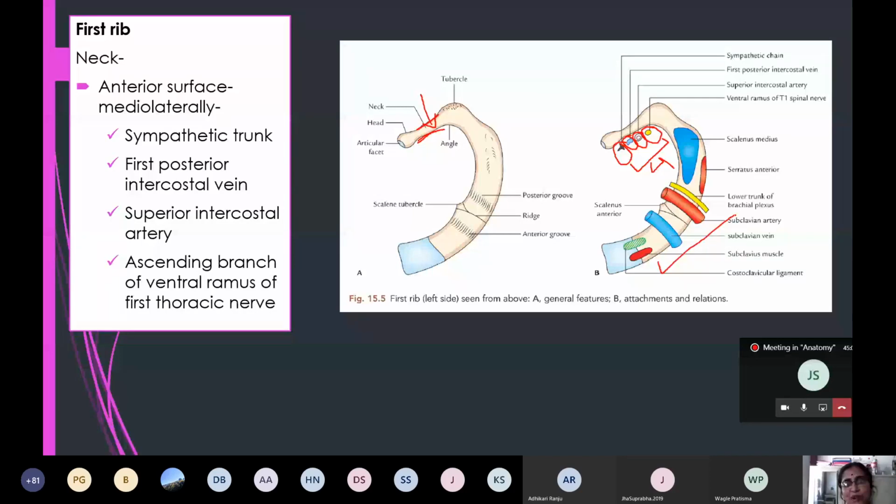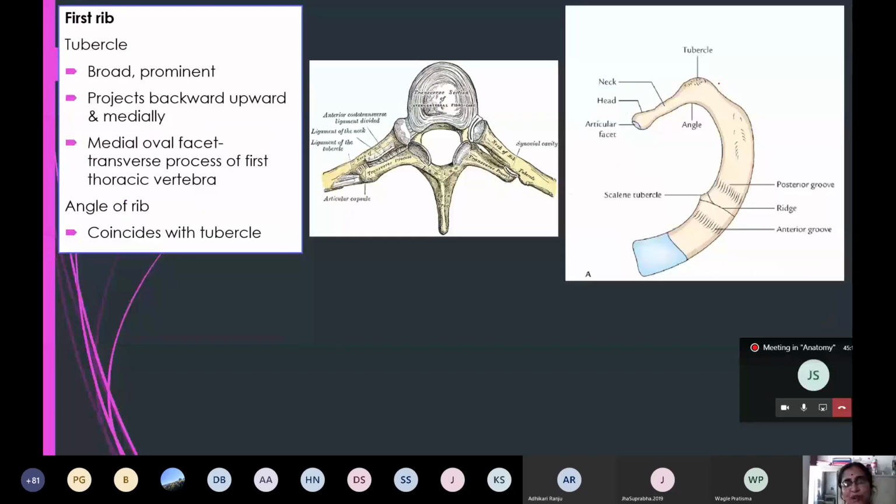Then what is the third part of the vertebral end? The third part is the tubercle of the rib. The tubercle of the rib is broad and prominent, and it is directed upward, backward, and medially. It has an oval facet which articulates with the transverse process of the first thoracic vertebra to form the first costotransverse joint.